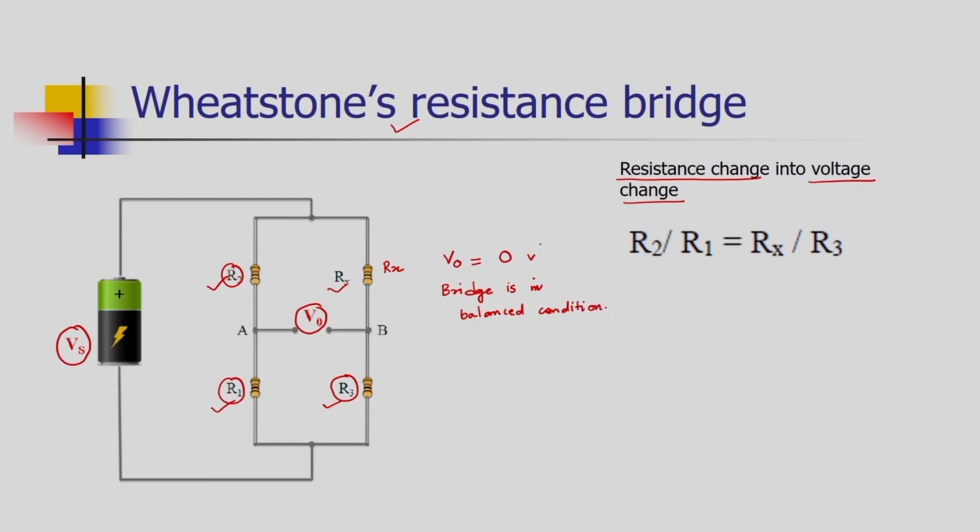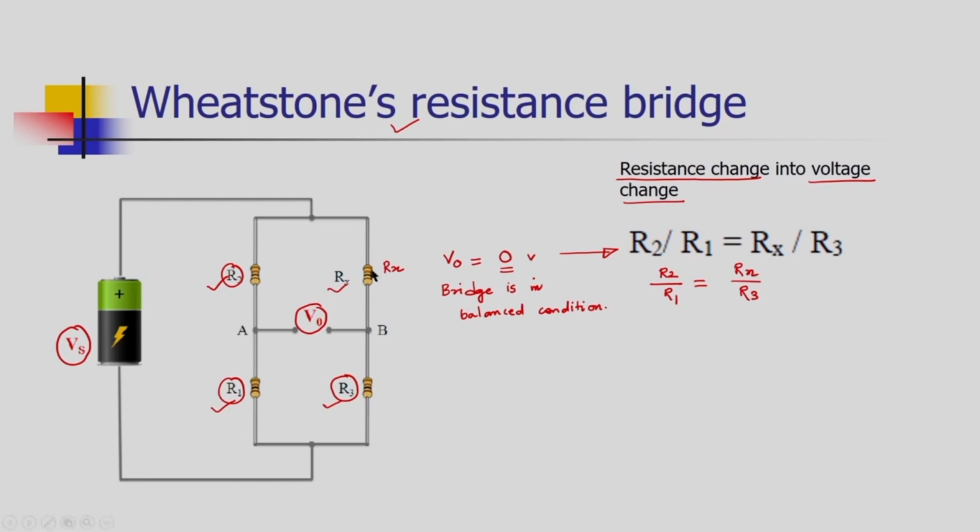To have output voltage equal to 0 volt, if you try to get the correlation between these resistor values, you will find that R2 divided by R1 is equal to Rx divided by R3. So, to get 0 voltage we are choosing R2, R1, R3 and Rx.